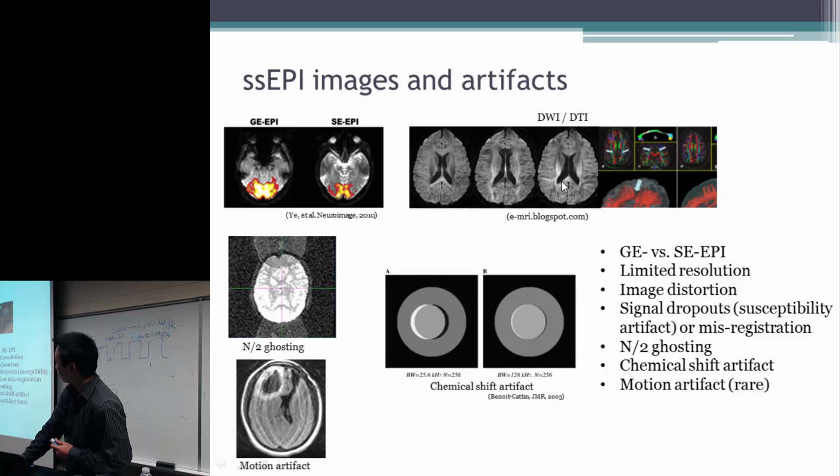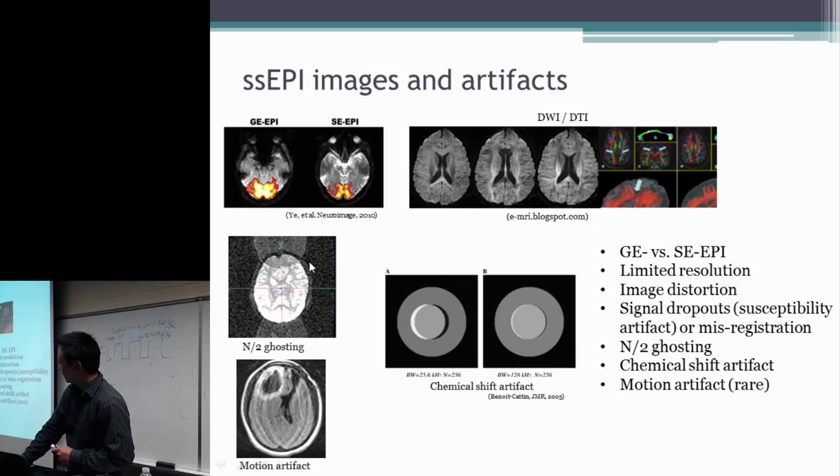Diffusion induces signal loss in different directions, and using this directional diffusion information, we can calculate the white matter tracks and do white matter tractography to show what the white matter in your brain looks like.